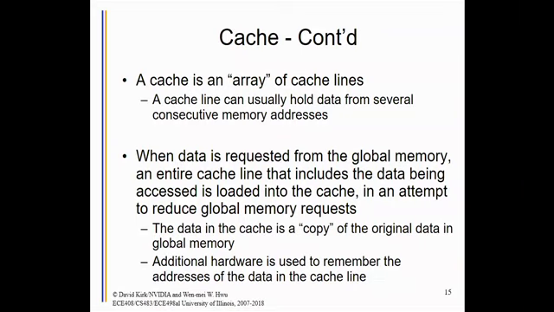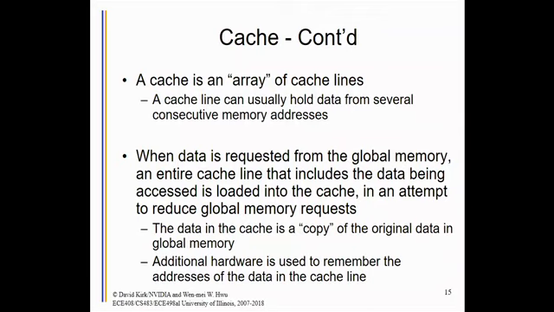So in the future, if these threads access any of those bytes, you can get it from the hardware mechanism rather than going back to the global memory, okay? So this is really intended to take care of our locality so that next time when the threads access any of those bytes, they will be able to get it from the cache.